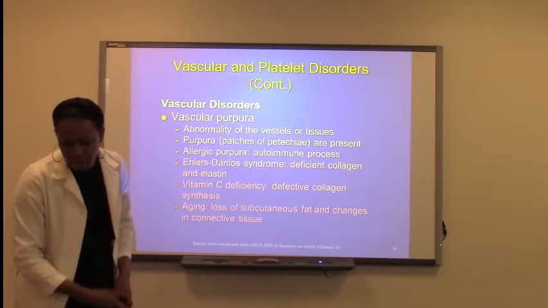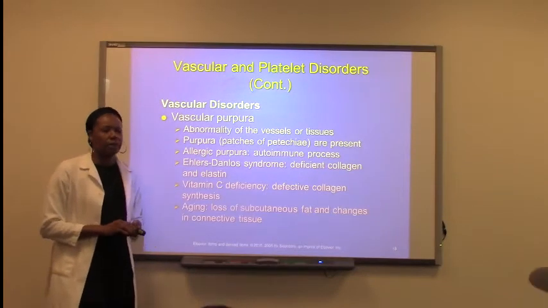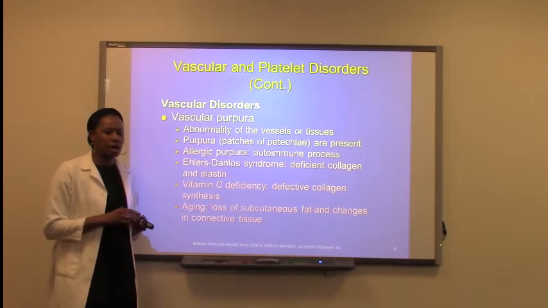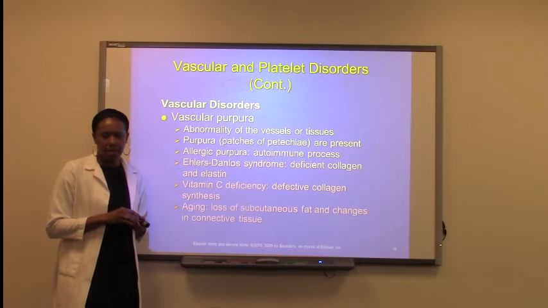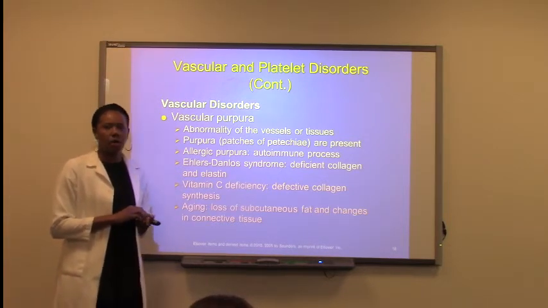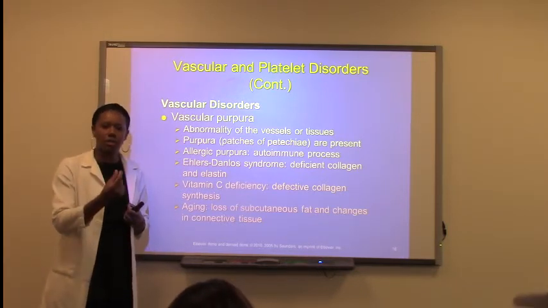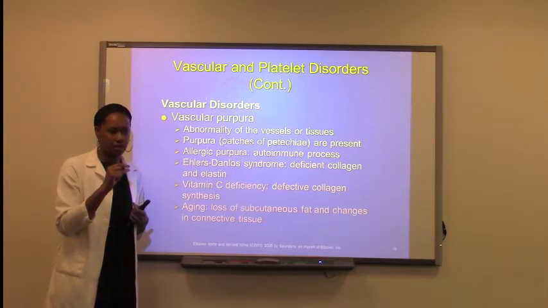Now, we do have another type called Ehlers-Danlos syndrome, and what happens here, this is a deficiency in collagen and elastin. And what happens when you have a deficiency of collagen and elastin, what is this going to do to the vessels? It's going to weaken the vessels, because we know that blood vessels are made up of collagen, correct?